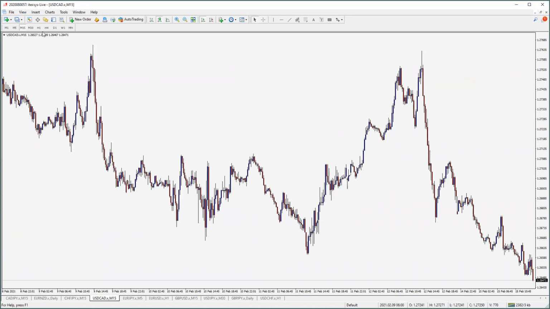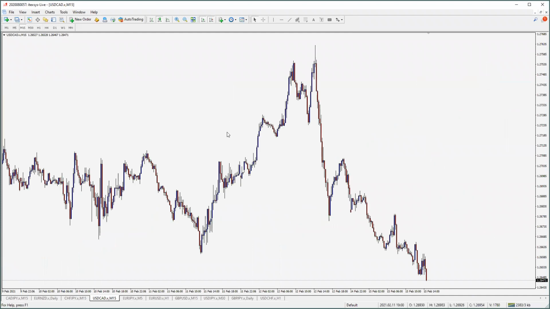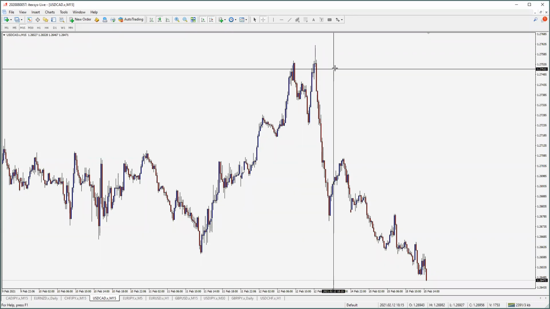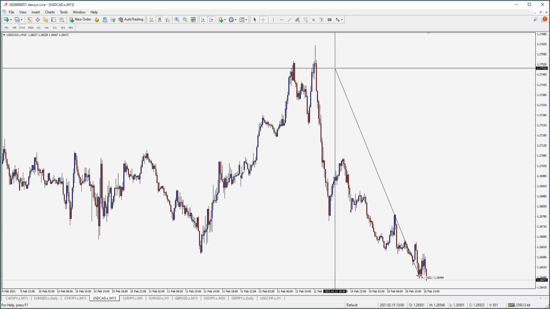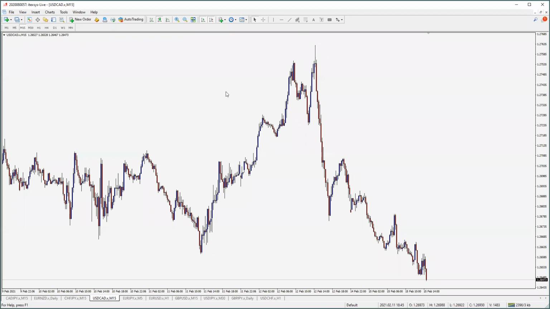And as it seems in this 15-minute chart, even for the lower time frame, it seems like we have a clear downtrend, but I don't find any great reason to sell at the moment. Maybe here above, which is about 100 pips from where we are now.